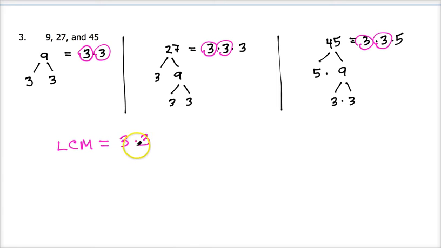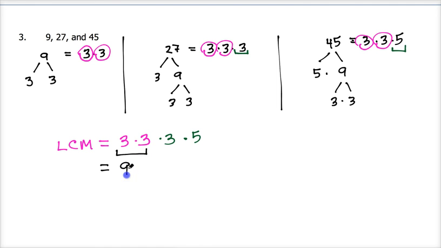But the LCM means you have to take all of the unshared factors as well. So I don't have any more factors here on my 9. We used both 3's here. For the 27, I have one unused 3. So I'm going to bring that down. And for the 45, I have one unused 5. So that's coming down. So my least common multiple is going to be 3 times 3 times 3 times 5.